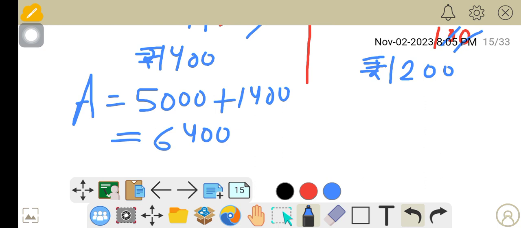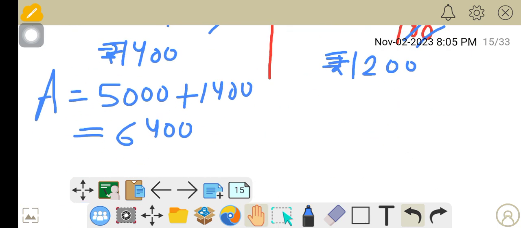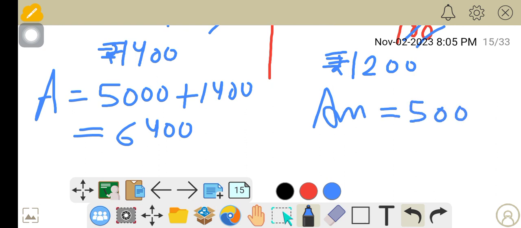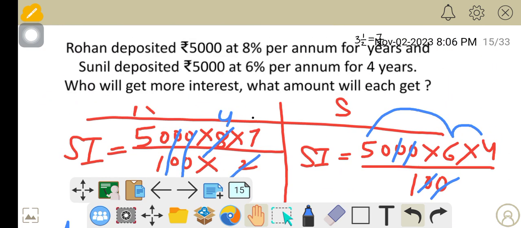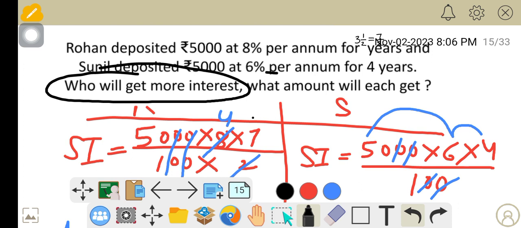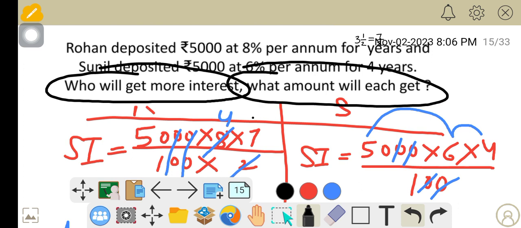And in the case of Sunil, again principal is same, so amount will be 5,000 plus 1,200, so it will be 6,200 rupees. So we have answered both the questions. There were two questions, who will get more interest and what amount will each get. So now we can summarize the answer.